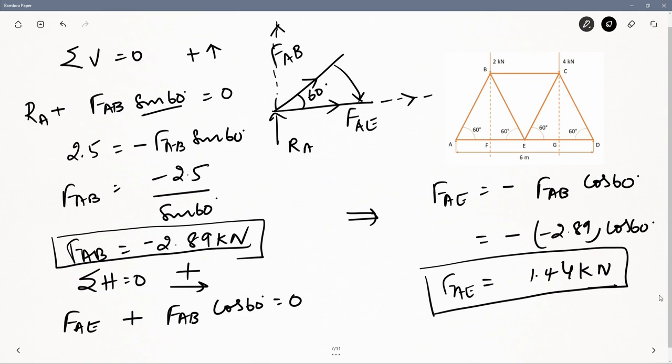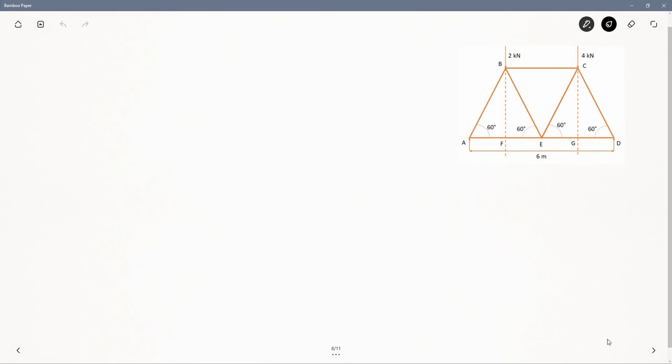So from joint A, we'll move on to joint D, the other support and the other end of the truss here. So at support D, I'll draw the free body diagram again. This is RD, FDE and FDC.